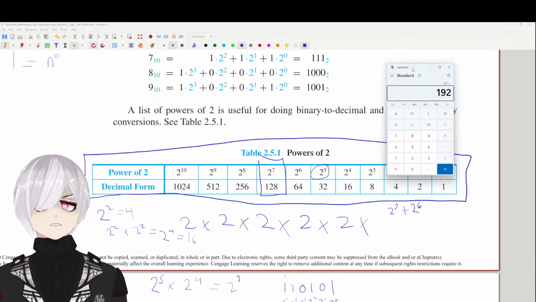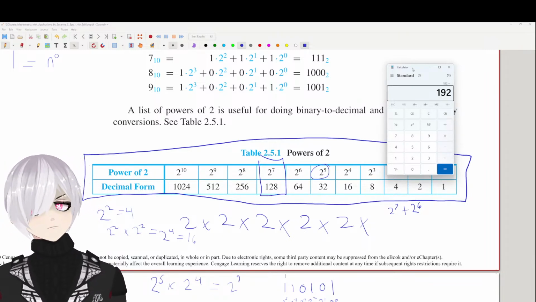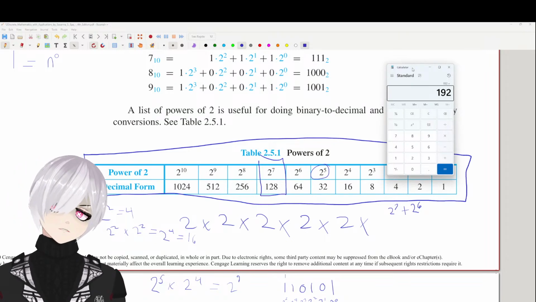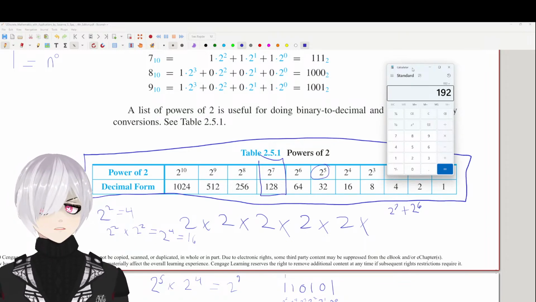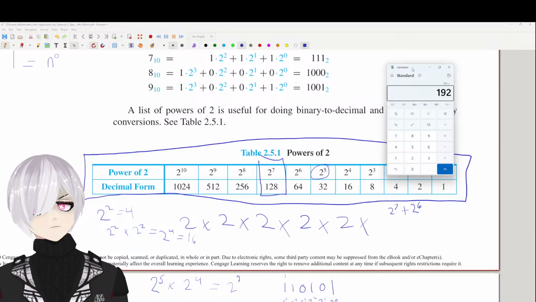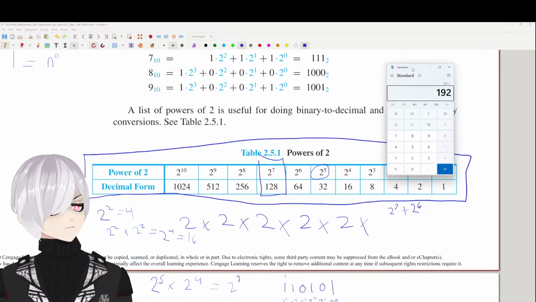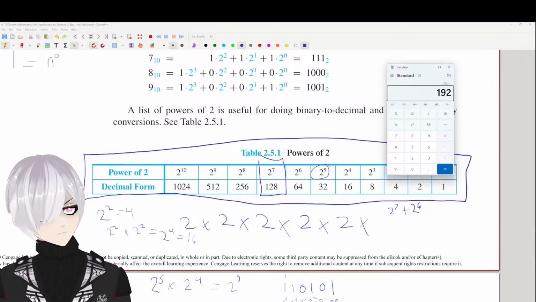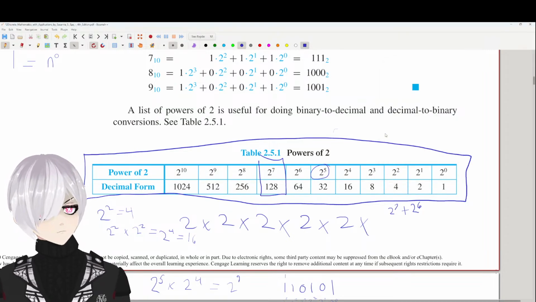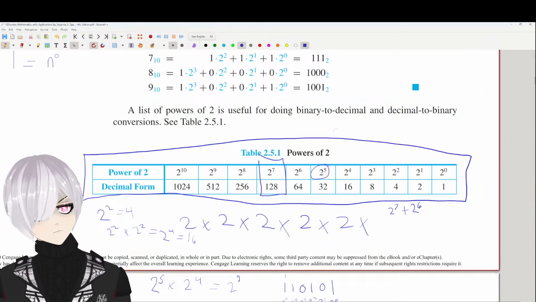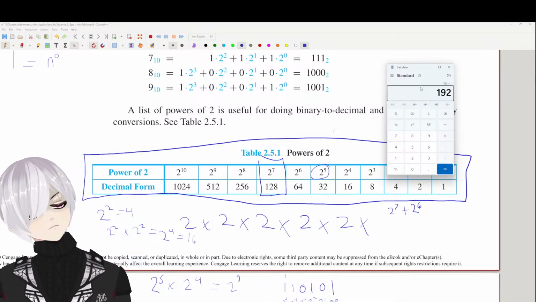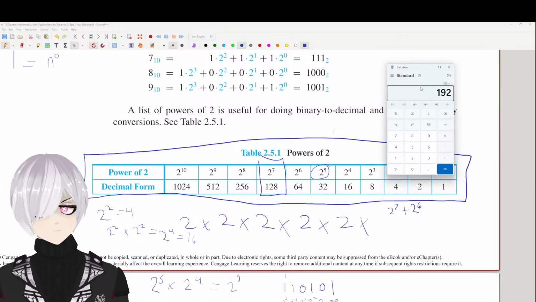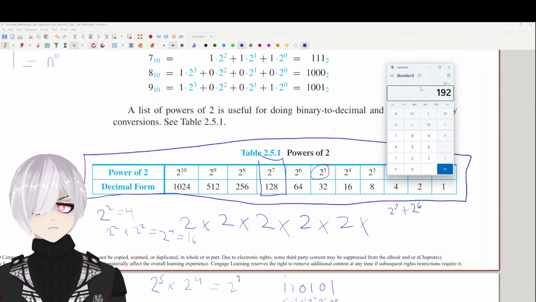At the very least, there's always a most optimal way of doing it with the fewest duplicates of a power of 2. With powers of 2, you won't ever need a duplicate. It's always going to be different powers of 2, and you're figuring out whether a 1 or a 0 goes with each of them.